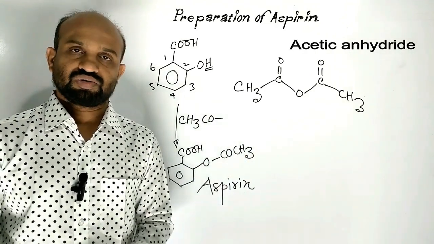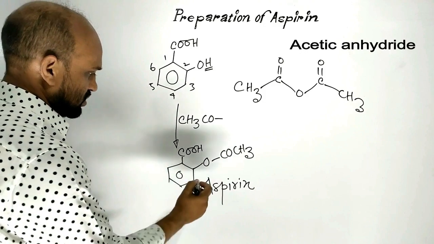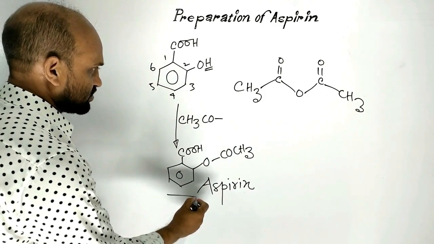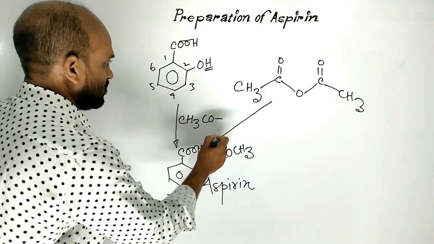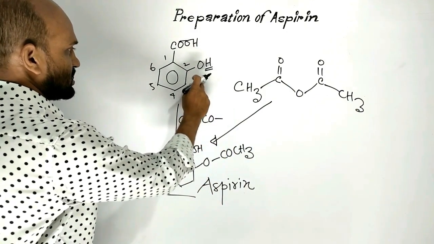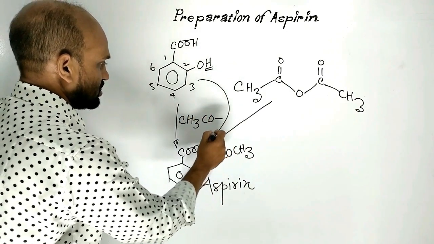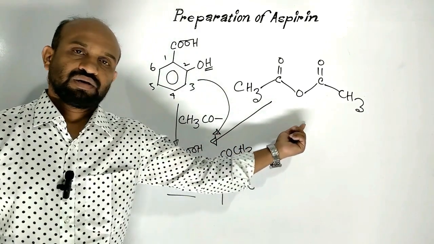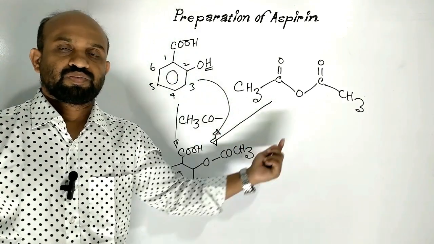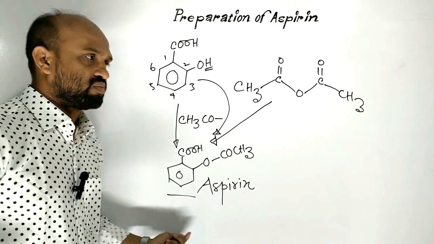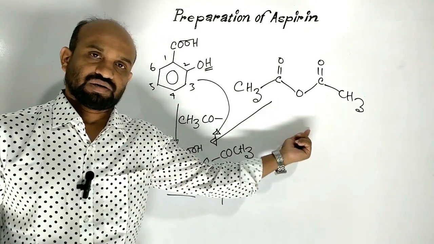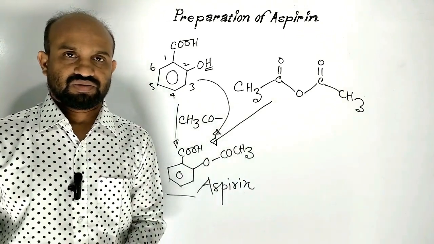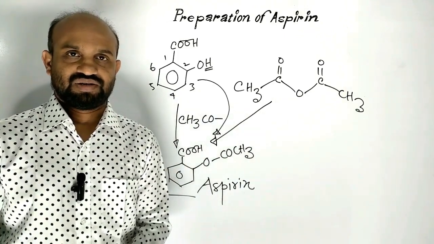In this lesson, we are going to learn preparation of aspirin from salicylic acid and acetic anhydride. Preparation of aspirin from salicylic acid and acetic anhydride. This is today's lesson. So let us begin.